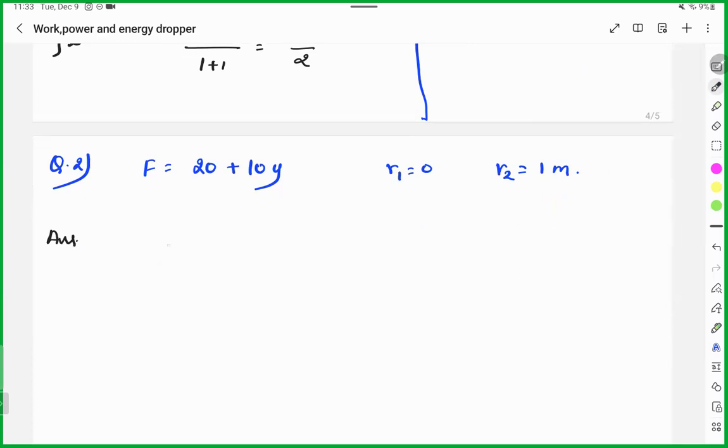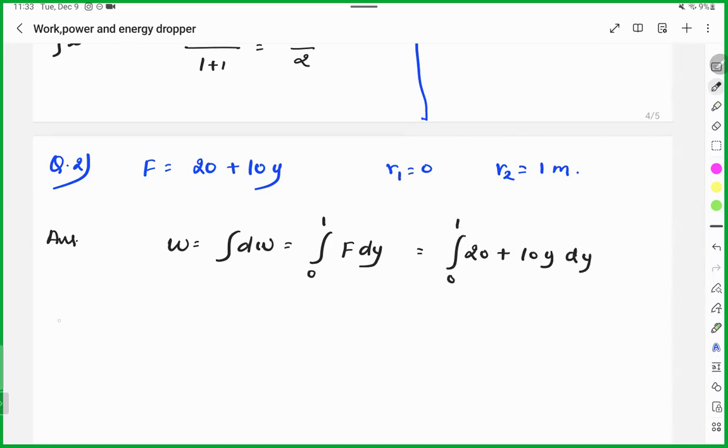Work done is equal to integration of dW, or integration of force into displacement. In this case, we are taking dy, displacement in the y direction, from R1 0 to 1. Force value is 20 plus 10y with reference to dy, 0 to 1.